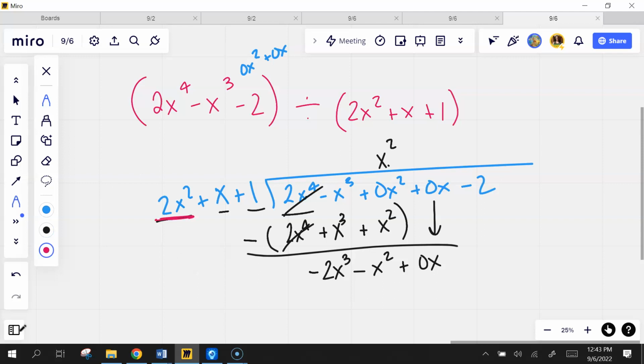Now what do I multiply 2x squared by to get negative 2x cubed? Negative x. What is x cubed minus x cubed? That minus sign goes to everything there.